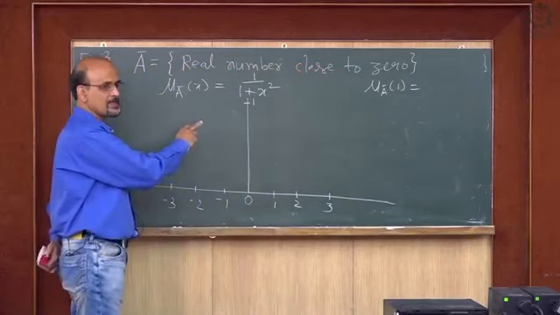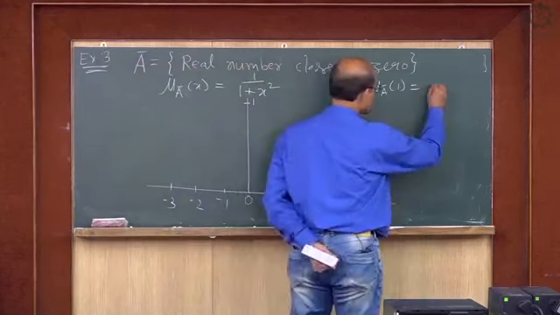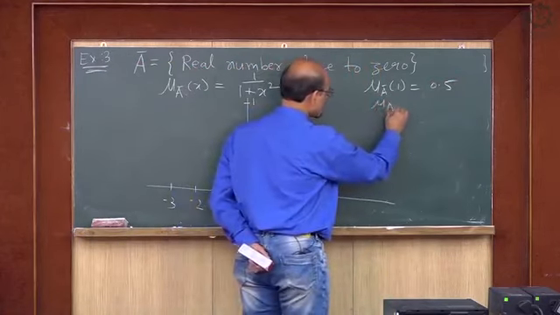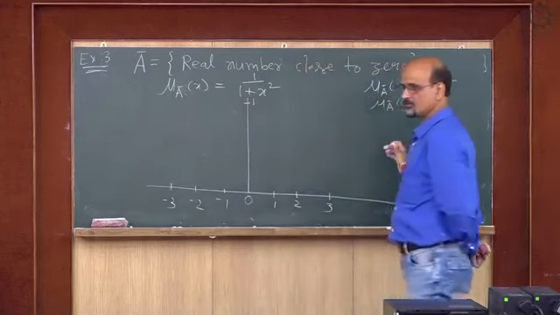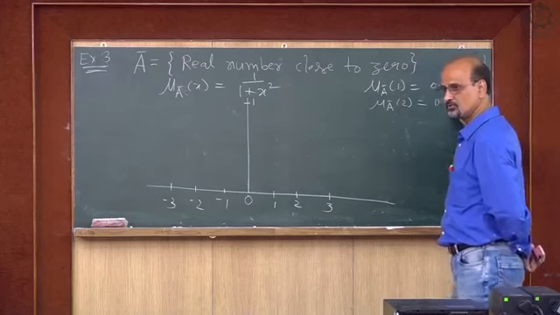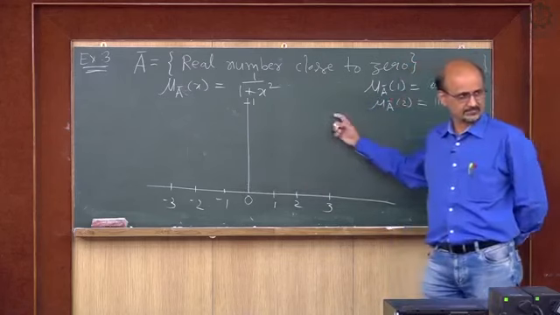So for 1, mu A bar 1 will be 0.5. Similarly, mu A bar 2 will be 0.2. In this way you can find all those membership values by this formula.